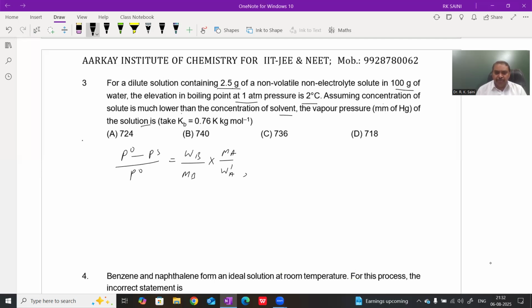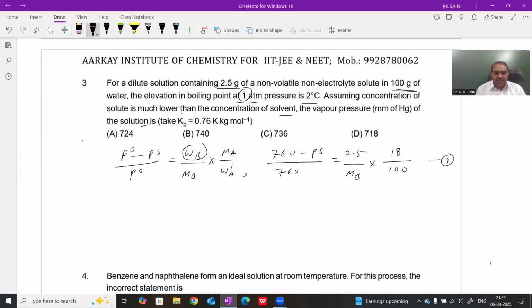Putting the values, P node is given as 1 atm, and 1 atm means 760. PS divided by 760 equals the given weight of solute 2.5 gram, its molar mass is MB, and this solute is dissolved in 100 gram of water, whose molar mass is 18.